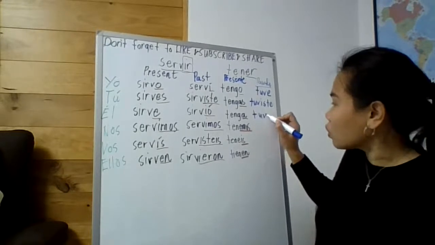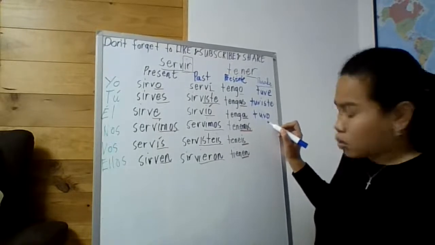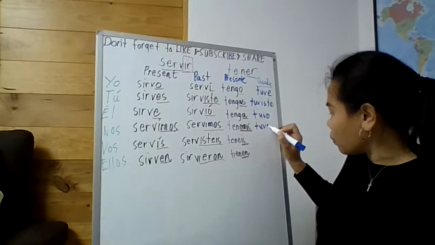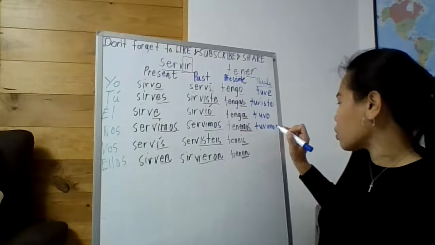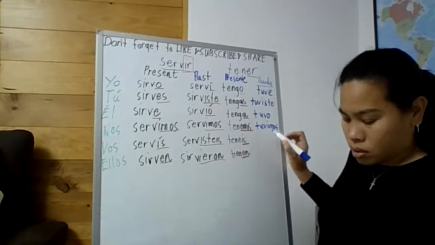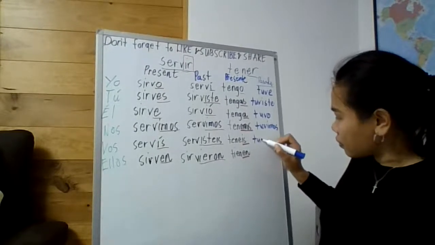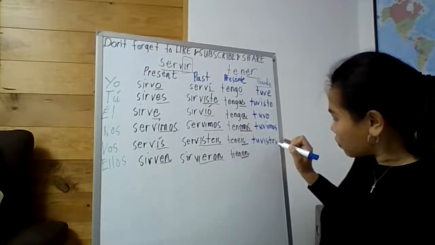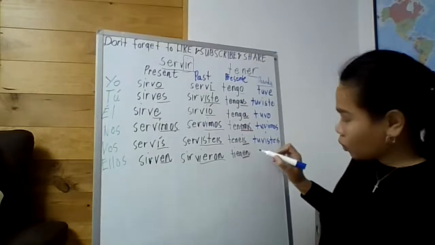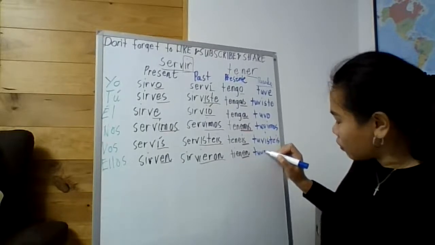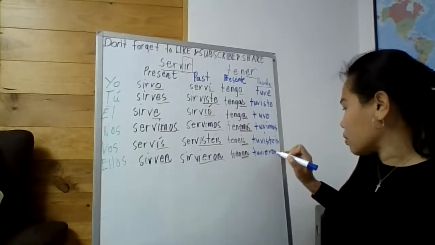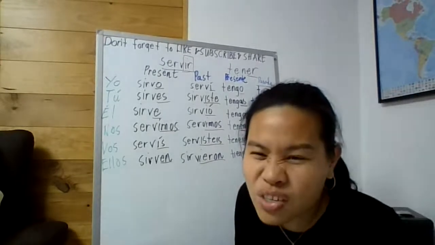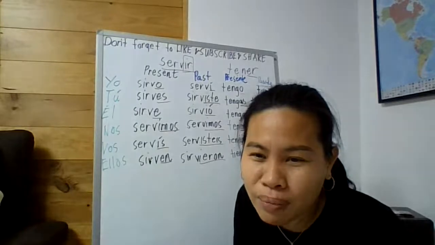Tuvo, tuvimos, tuvisteis, tuvieron. It's tricky. Oh my, another you have to keep in brain storage.